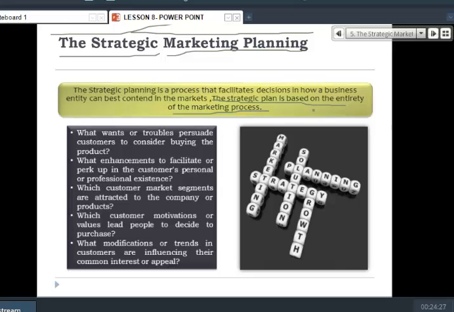So it could be the mission and vision, over the one year of your function for the company. So this is the difference between the strategic marketing plan and the normal marketing plan. It is just one word: the entirety of the marketing process.